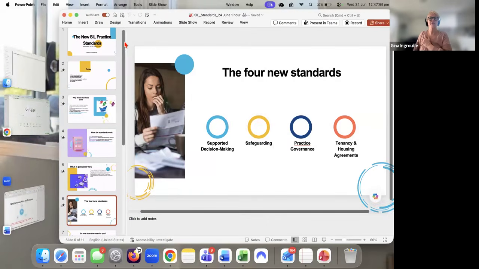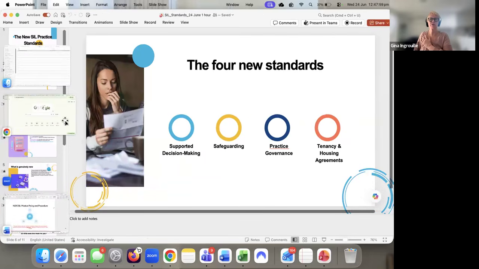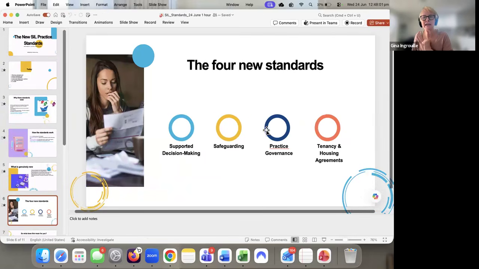So coming back to our PowerPoint, that's a bit of a thematic description. So you've got 4 new standards. You've got supported decision making, which was implied in assessment, but it wasn't strong enough, it wasn't upheld enough, it wasn't given center stage. And also, I don't think that SIL was given enough instruction, and I don't think that's on the providers. I think that was a dud from the NDIS, in all honesty.